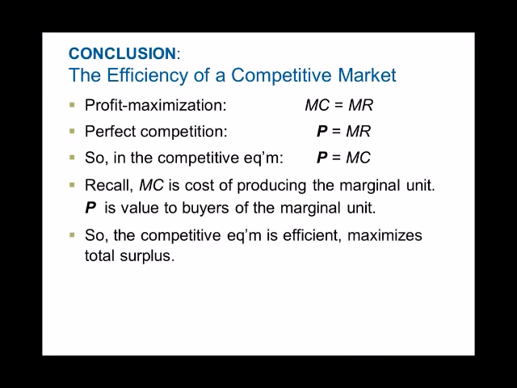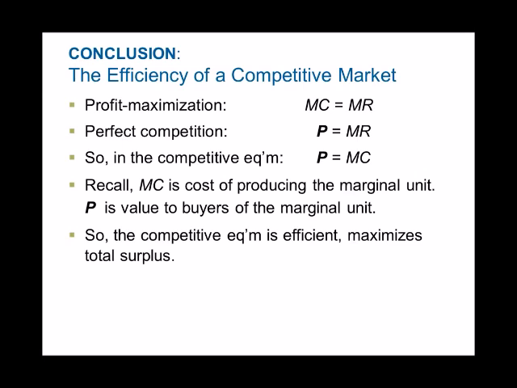So if the marginal cost is the cost of producing the last unit and price is what the people buying that product value it at, then you can show, and it requires some math, that the competitive equilibrium is the most efficient and it makes both the buyer and the seller happy.